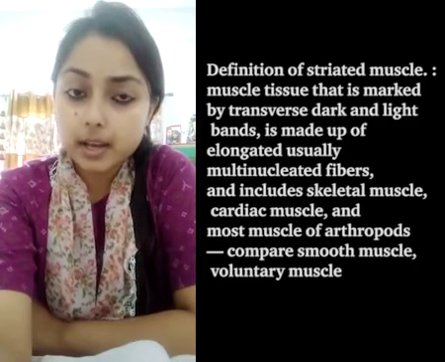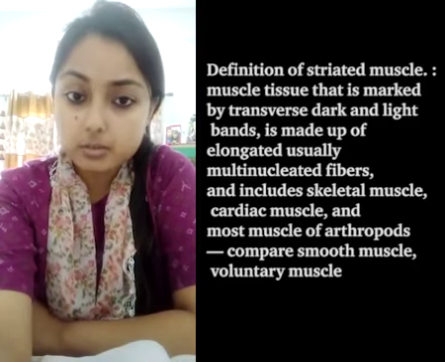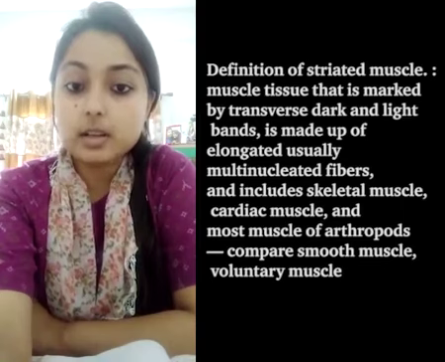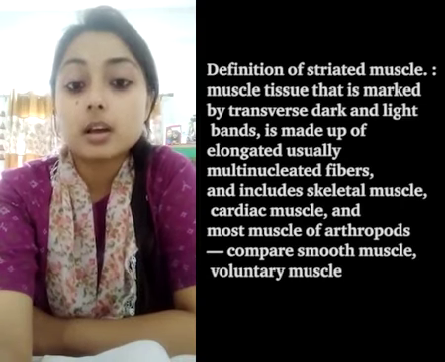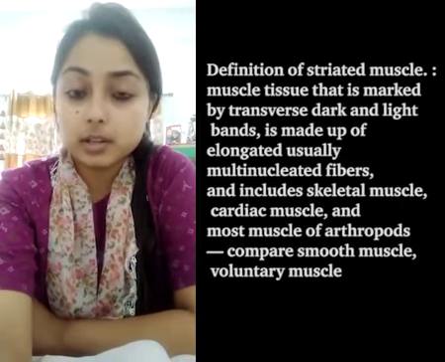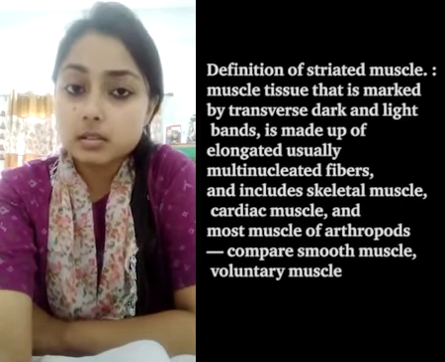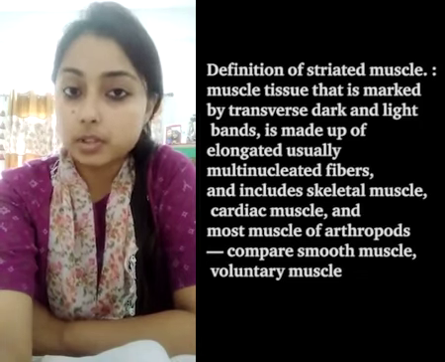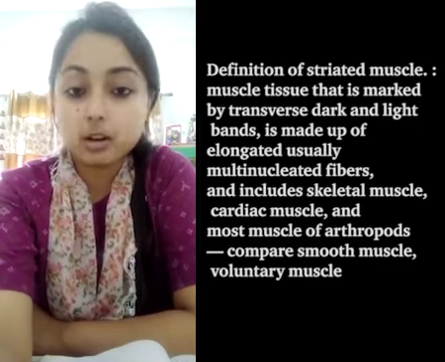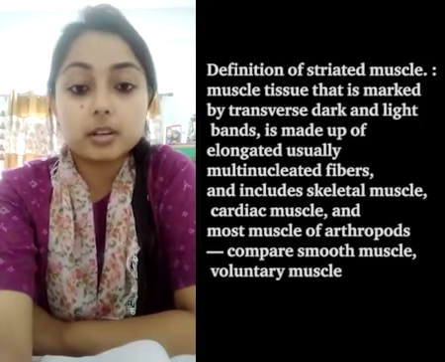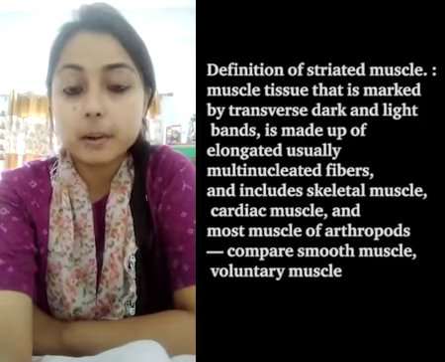Besides helping in various movements, the muscle is also responsible for maintaining posture and stabilizing the joints. This is what you need to know for the time being. Later on, if you ever take up myology as a subject, you can enjoy the detailed study of it.